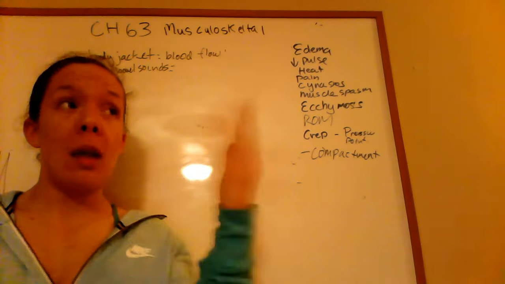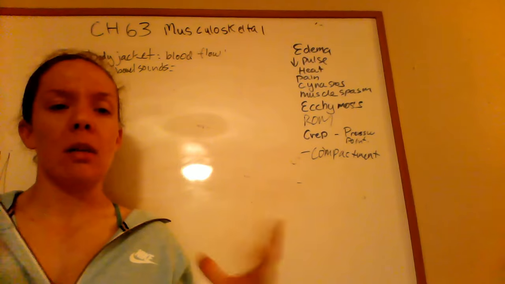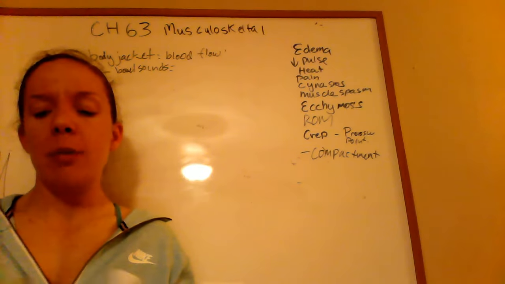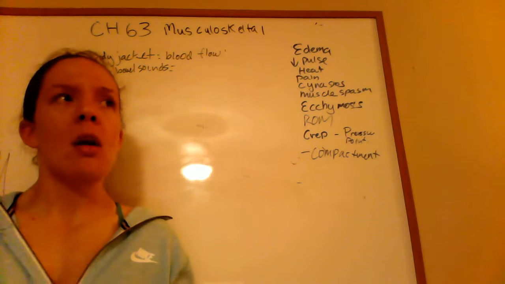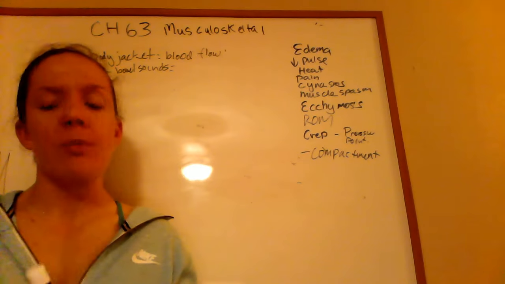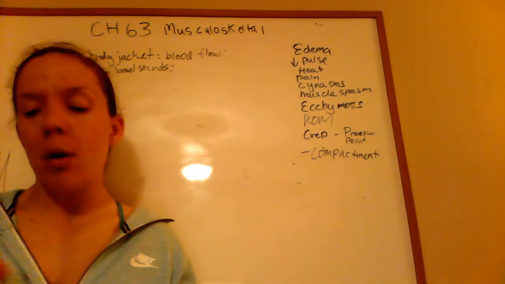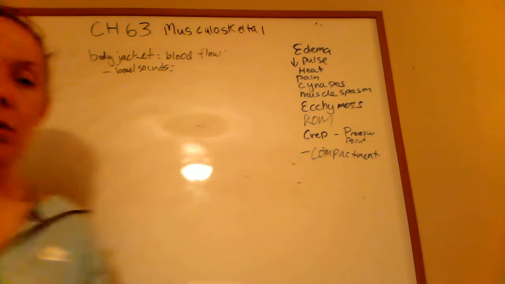And it may end up that they have to make an incision so that the limb can expand and the edema can expand. If it becomes very severe, then they may have to amputate the limb itself. And it's a fasciotomy where they do that slice so that you can have full expansion. All right, so you really need to watch out for compartment syndrome. Again, edema, swelling, numbness, tingling, things of that nature. Neurovascular stuff.